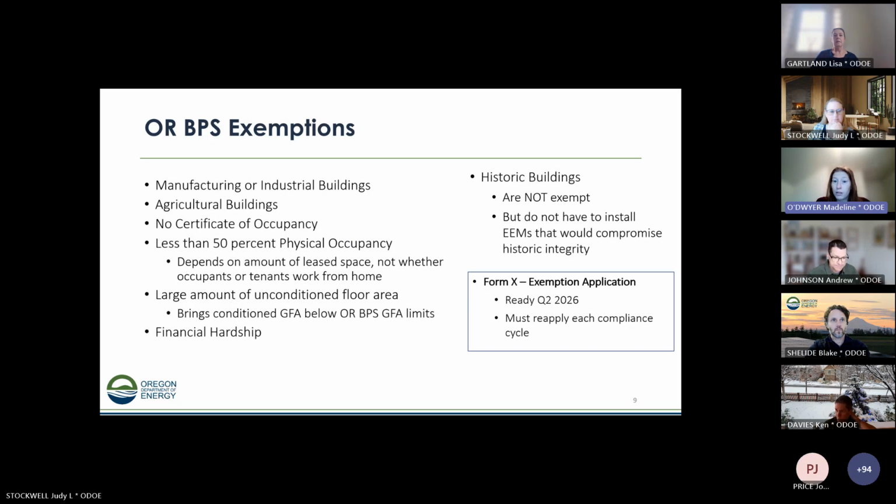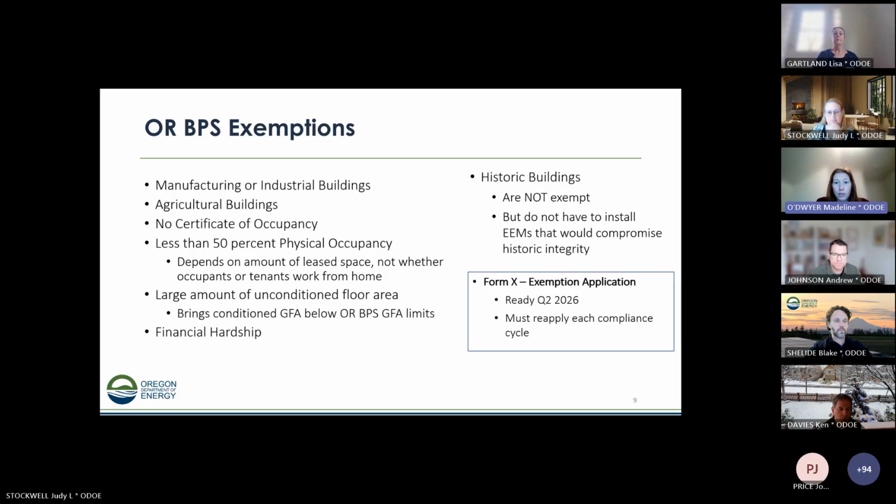Those are manufacturing, industrial, and agricultural. And then we have a couple of scenarios of buildings that can also file for exemptions. These are buildings that have no certificate of occupancy, have less than 50% physical occupancy, or large amounts of unconditioned floor area. The last exemption that we have for Oregon BPS is financial hardships.